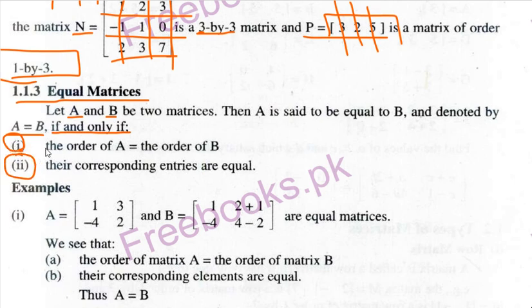First condition: the order of A equals the order of B. Second condition: their corresponding entries are equal.